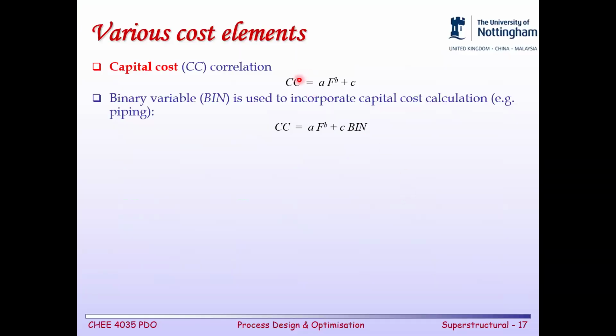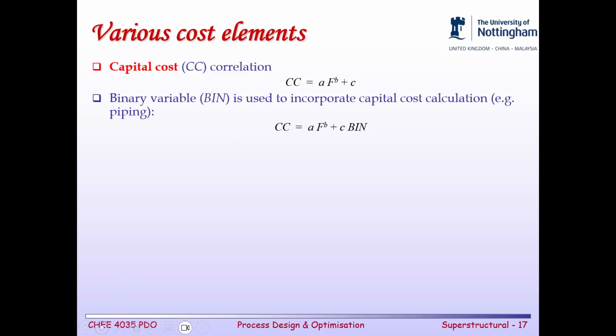Okay, so the capital cost correlation, I'm not sure if you studied this in your equipment design or plant design before. So we have the capital cost correlation equation wherein A, B, and C are constants depending on the material, and F is the capacity of the equipment.